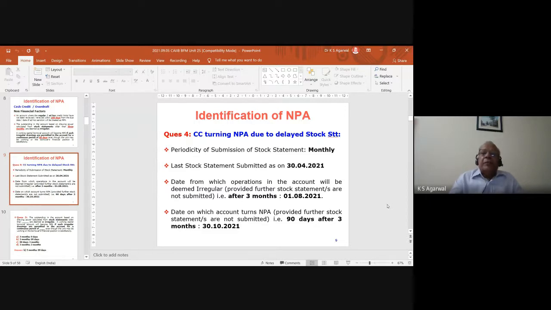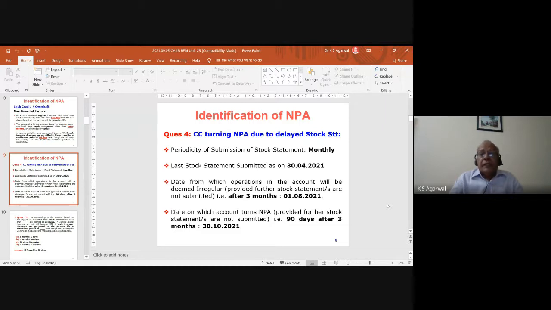Provided he has not submitted the May statement, June statement, July statement, right? The last stock statement was submitted as on 30th April. Thereafter, no stock statement has been received. In that case, the operations in this account with effect from 1st August 2021 will become irregular.